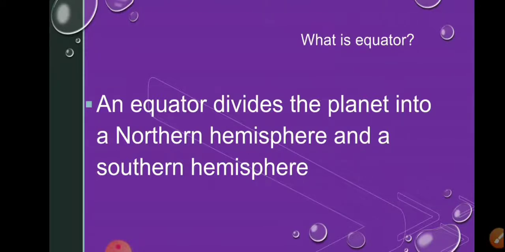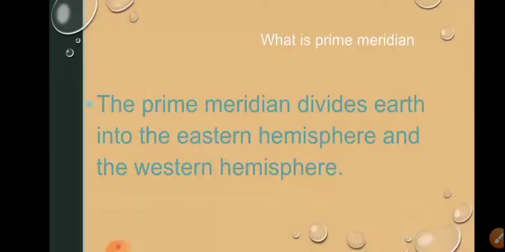Next we are going to move forward. The meridian helps you define the location of a particular place. You just saw that meridians are lines from the north pole to the south pole.